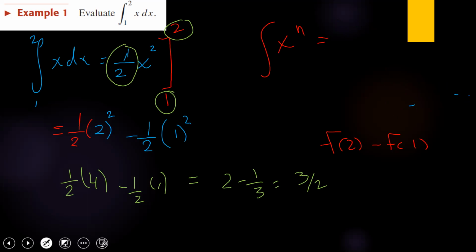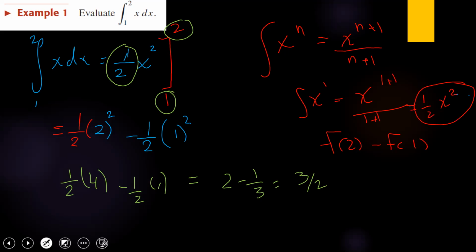We say it is x to the power n plus 1 over n plus 1. If you have x to the power 1, what did we say? We say x to the power 1 plus 1 over 1 plus 1, which is half x squared. Okay?